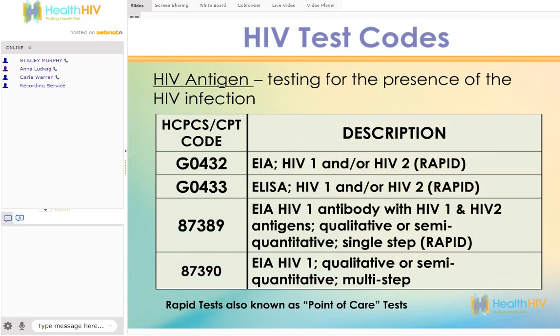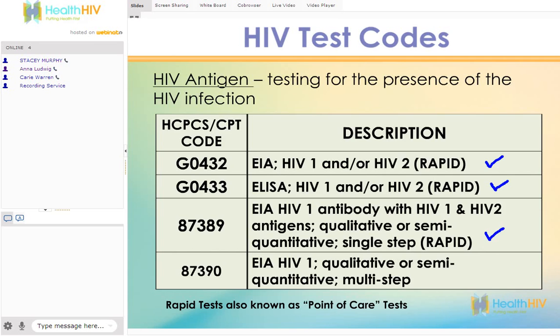Here are some additional codes. These are HCPCS codes. We spoke about HCPCS codes in Series 2, your G0432 and your G0433. These are your rapid test codes for the HIV-1, HIV-2 combo tests. So you have these three different codes here.